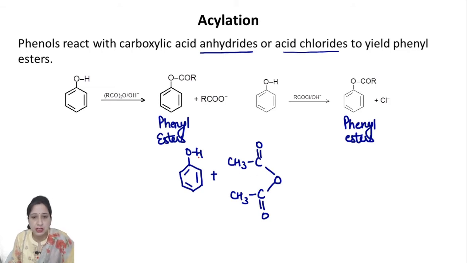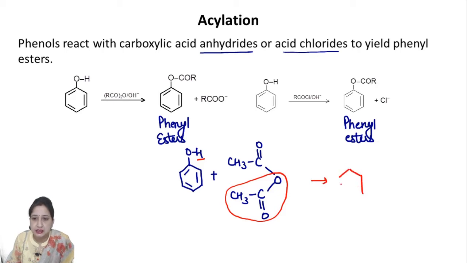So H from here and this whole group from here, CH3, this is removed as acetic acid and we get esters, so we get phenyl ester like OCOCH3. So this is your phenyl ester, and in this case it is known as phenyl ethanoate because two carbons are there, phenyl ethanoate.